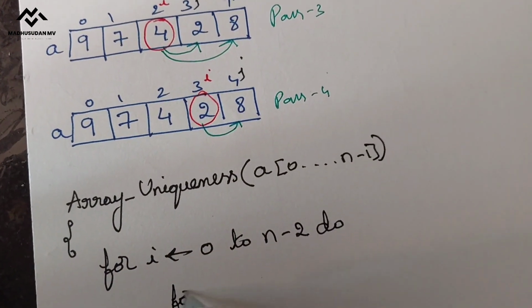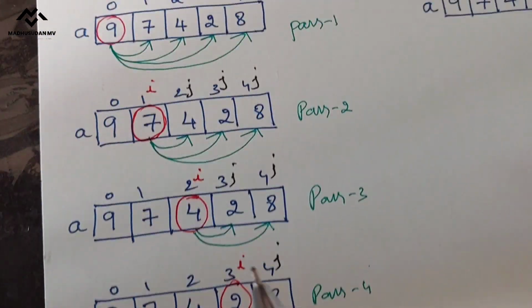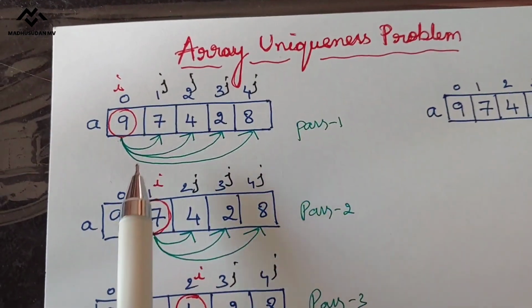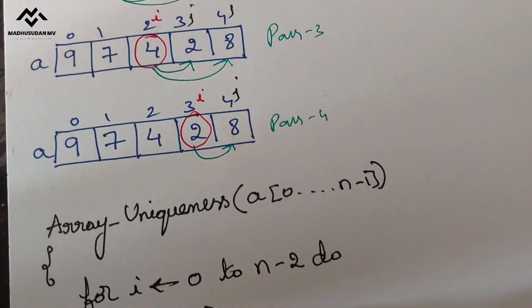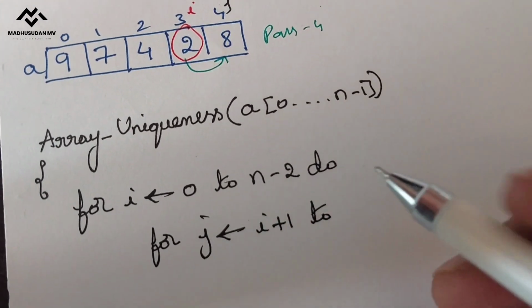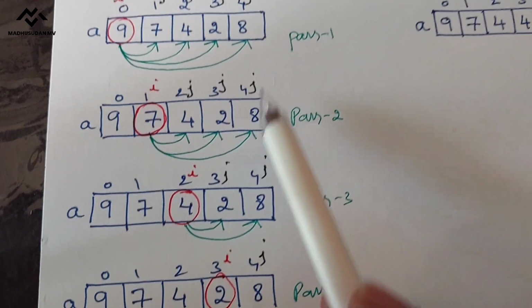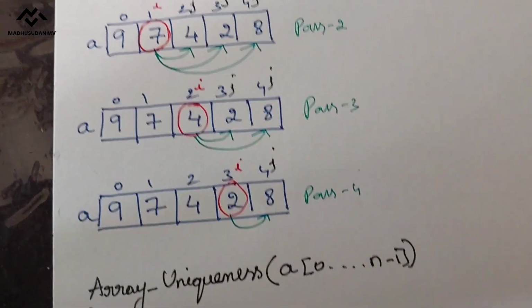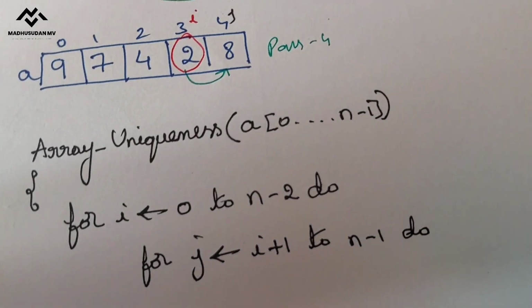So I will take one more for loop, for J. It starts from the position next to I, which is I plus 1, up to the last element. The last element position is n minus 1.